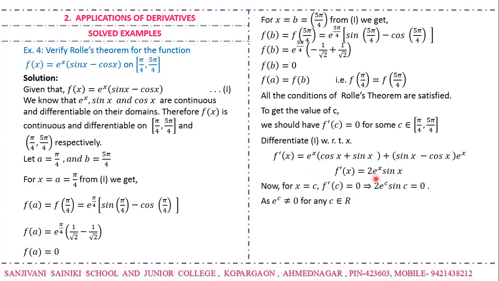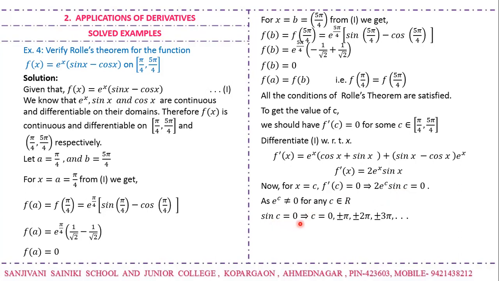That means 2 e raised to c sine c is 0. Now e raised to c is never 0. I showed you the graph of e raised to x, and it never intersects the x-axis. So the value is not equal to 0. So this sin c must be equal to 0.